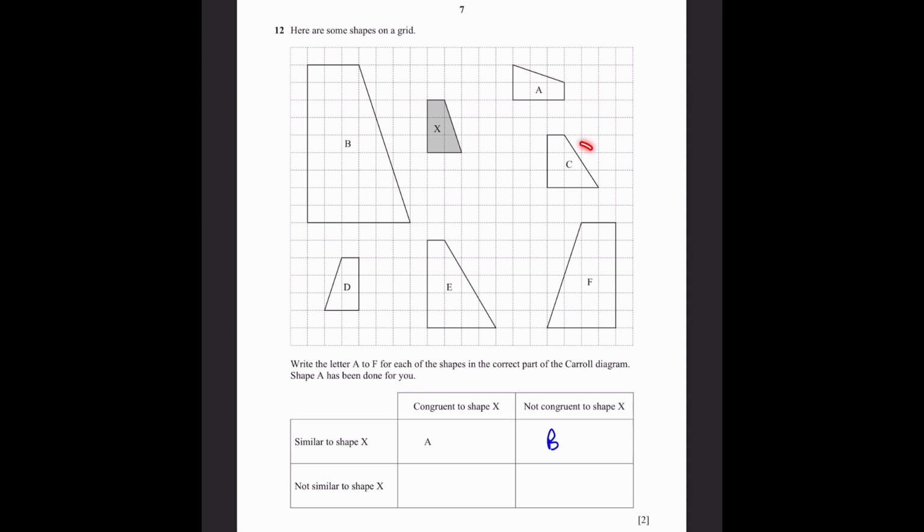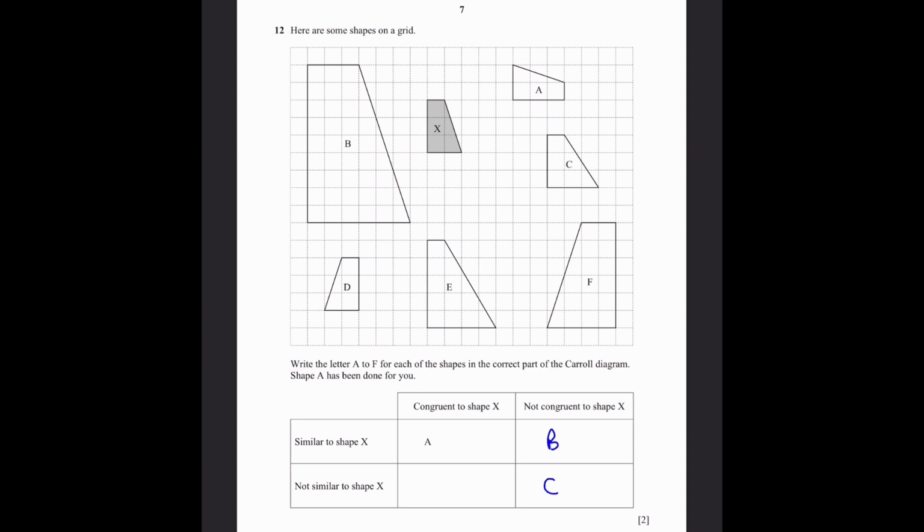Now for shape C, it's not the same shape. You see, this thing has been pulled one more length, one more square. So this is neither similar nor congruent. Not similar, not congruent is over here.